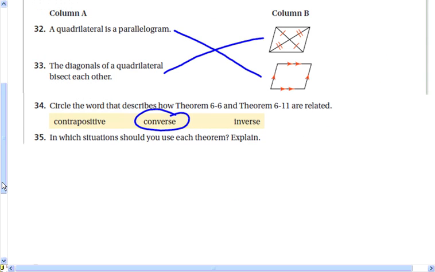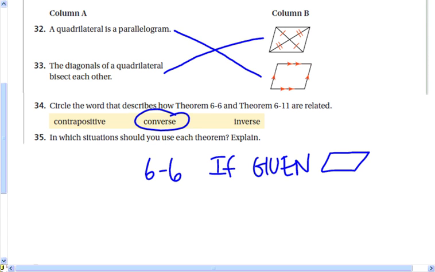So we would use theorem 6.6 if we're given a parallelogram and we're going to try and prove something about the parallelogram. And we would use 6.11 if we are given a quadrilateral and proving it's a parallelogram.